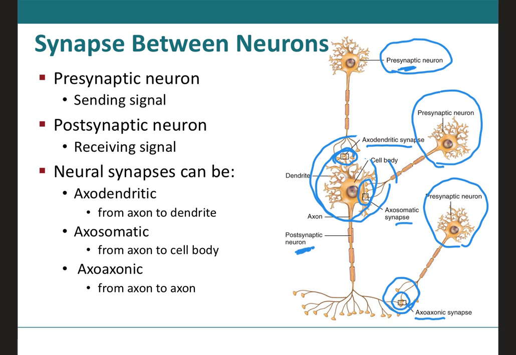But all of them will start with an axon because that's where the information traveling through that presynaptic neuron will end to be able to pass on to the next neuron. Most neural synapses are either axodendritic or axosomatic. Very few are axoaxonic.